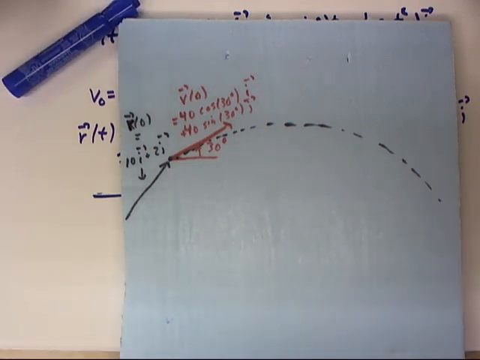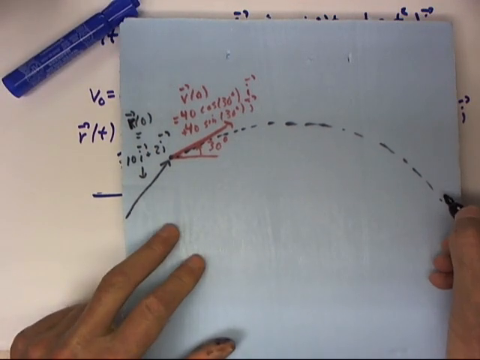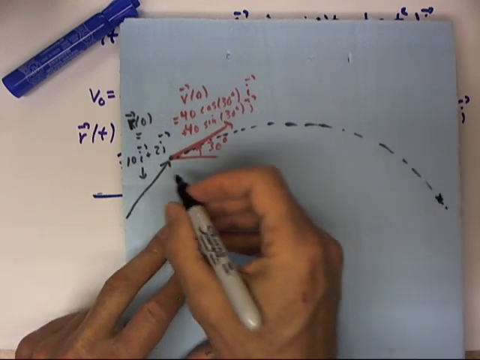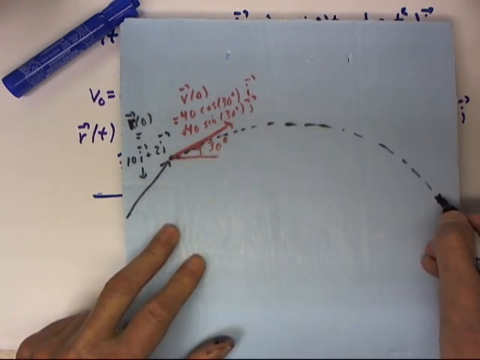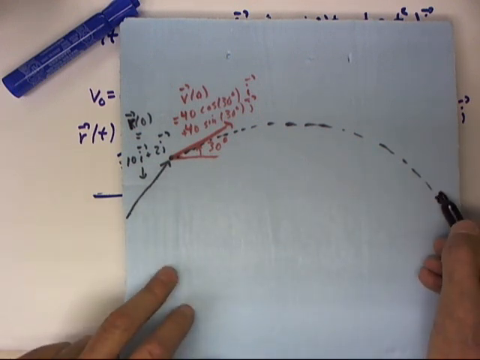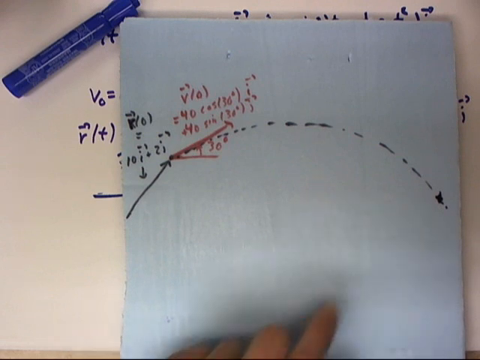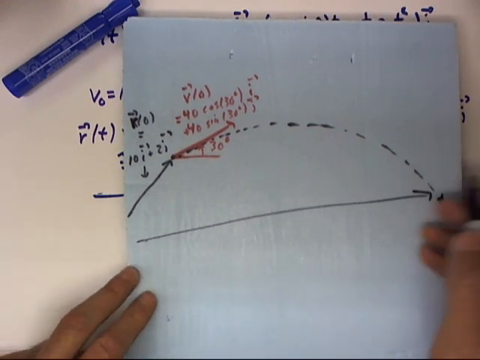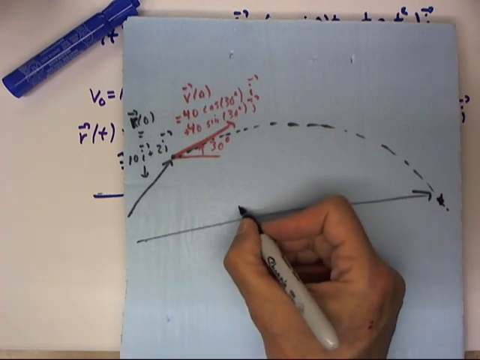I could estimate the coordinates of a point over here and the time it took to get here. I would say that relative to this point, well, I'm not going to actually do it, but I could get my, let's just say it took 1.5 seconds to get here.